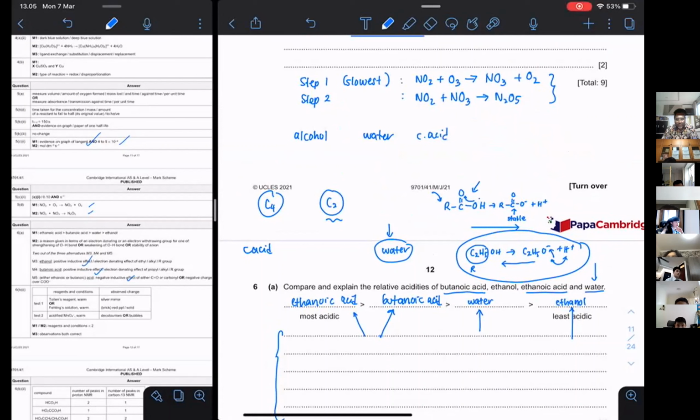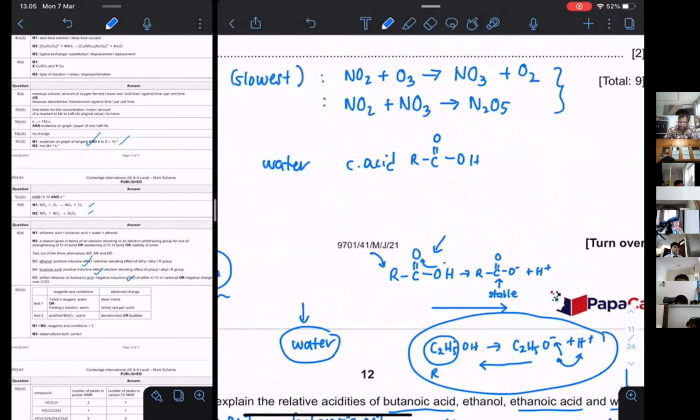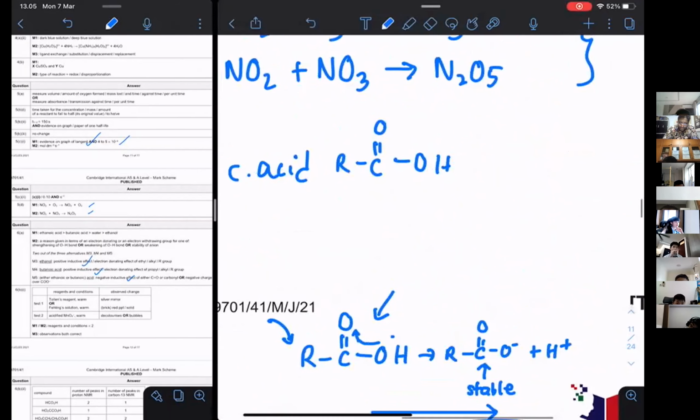When I look at carboxylic acid, this is going to be C double bond O, OH, and this is going to be R. Before we look into the R group, we know that when you donate electrons, we call it positive inductive effect, and when you withdraw electrons, that is known as negative inductive effect.